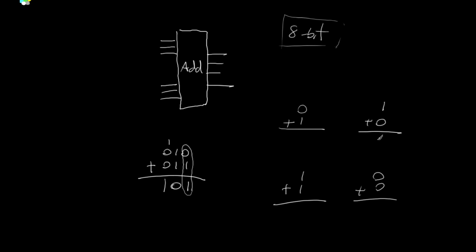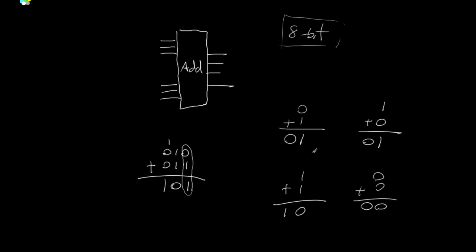One output for the first digit, one output for the second digit. So here the outputs are going to be 1 0, 1 0, 0 1, and 0 0. So we've got to create a logic circuit that handles this situation.